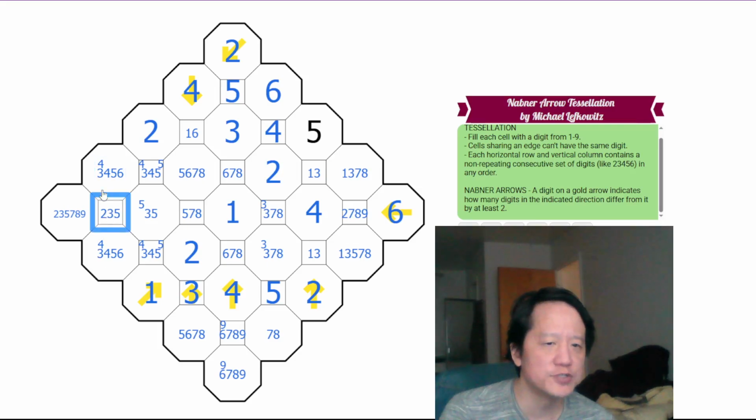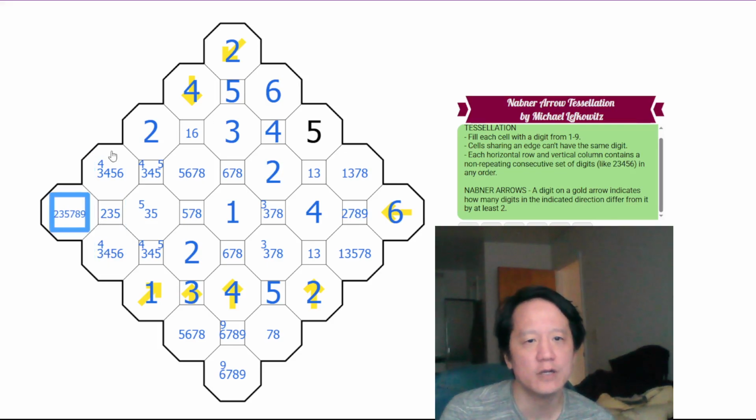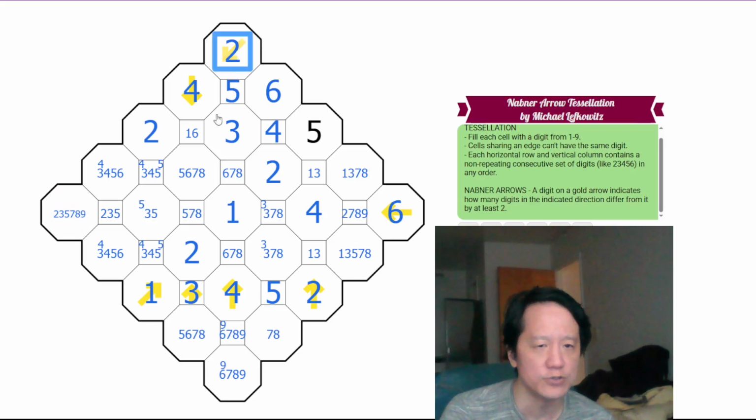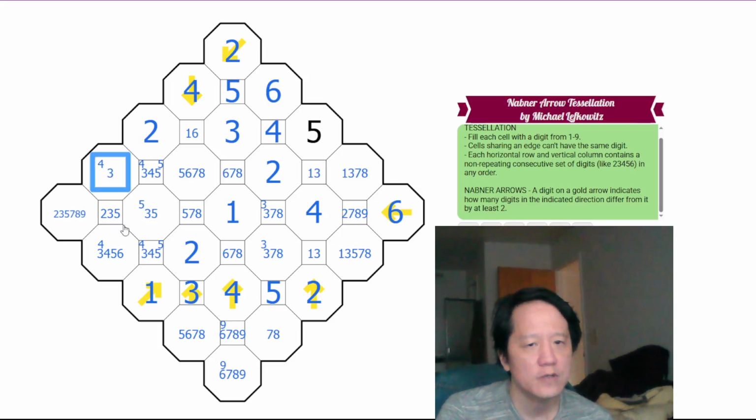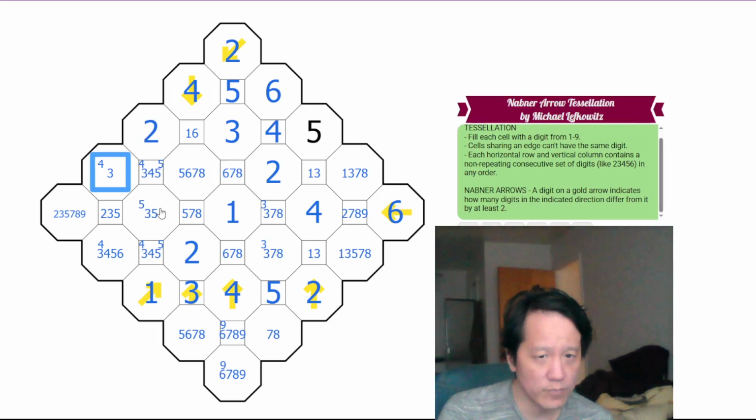So if this is 2, 3, 4, that would mean this can't be 2 or 3. It would not be consecutive with 2. So that would be the 2 that's not consecutive. So this would have to be 3 in that case, which would force that to be 1, interestingly enough.